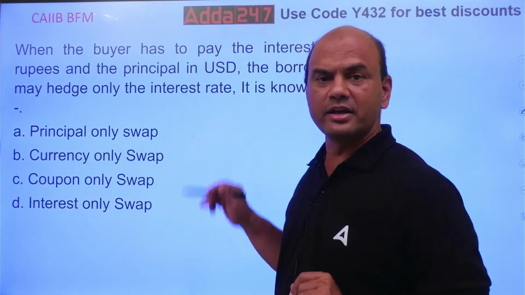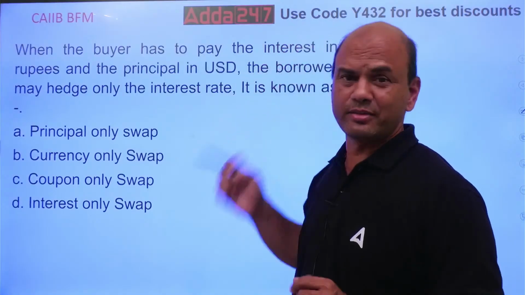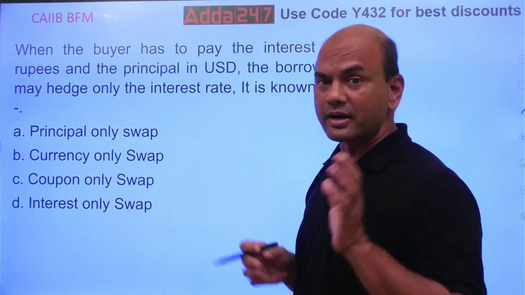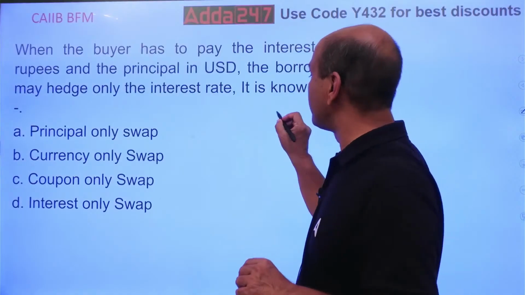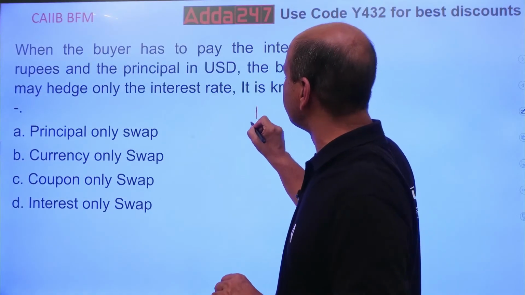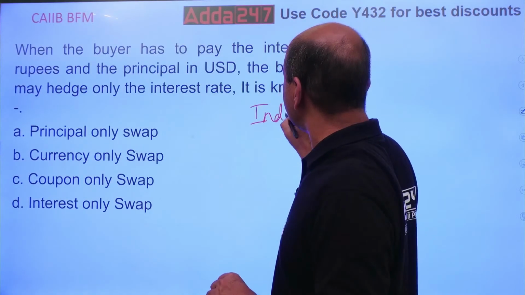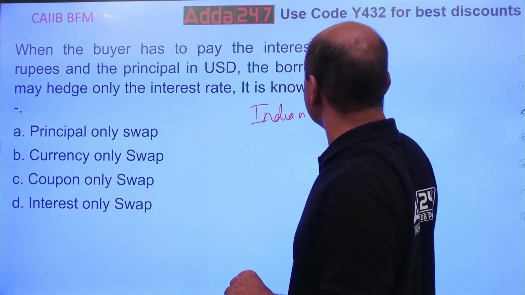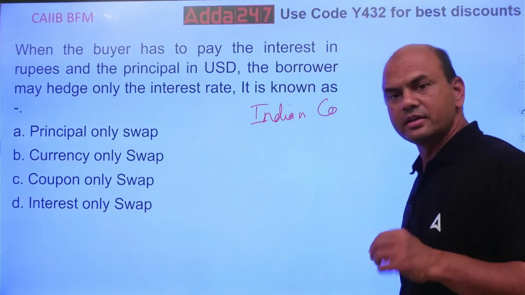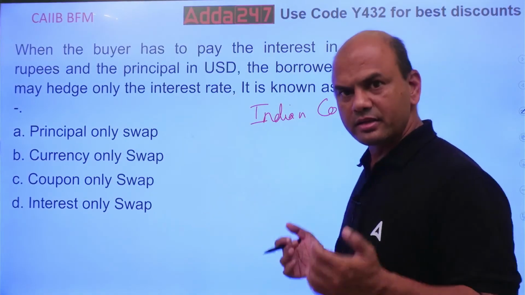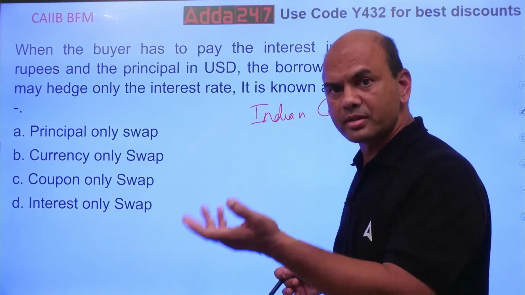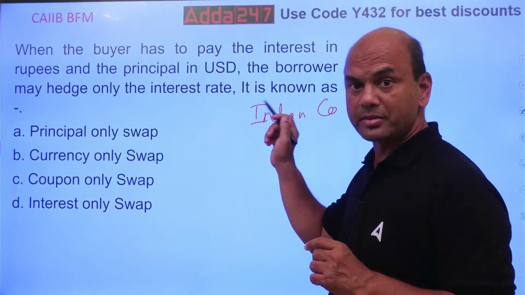See this. Here we are talking of the buyer has to pay. Pay means what? Understand the term. Here we are talking of a Bharatiya firm, an Indian company. This Indian company has taken money from some foreign company, let's say USA. Understand the problem correctly.